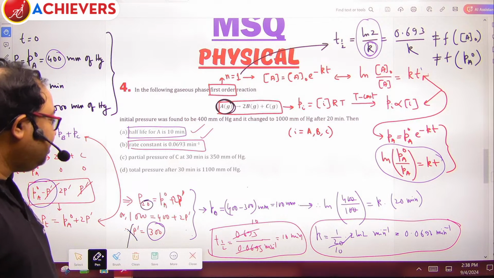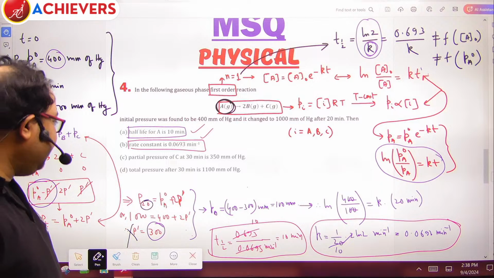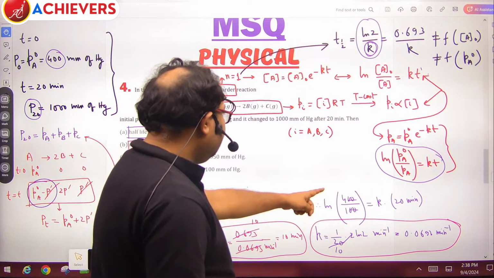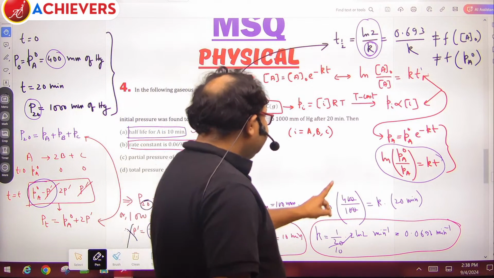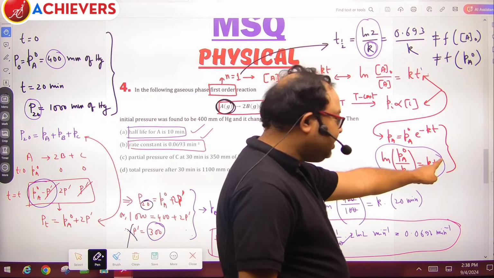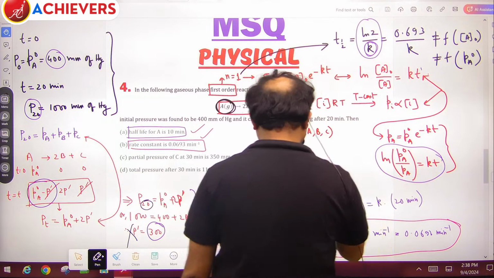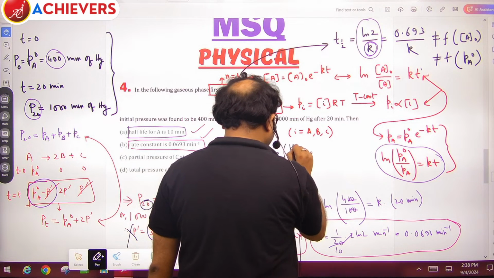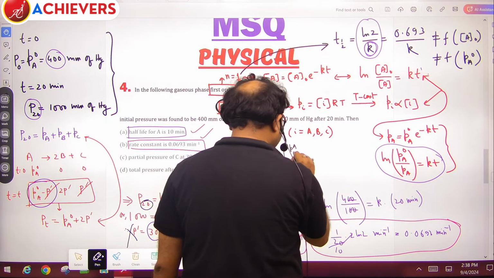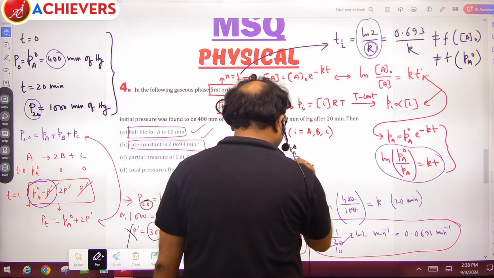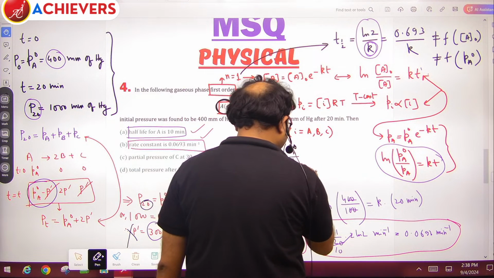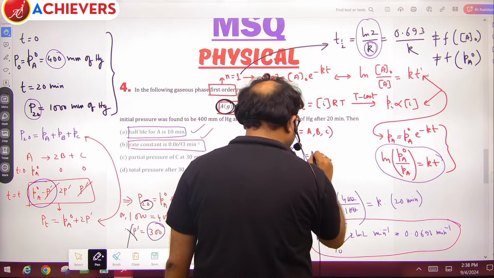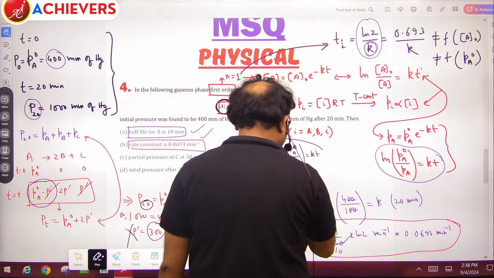How can you do that? This is very easy. See, you use this particular equation: ln PA naught by PA equal to KT.